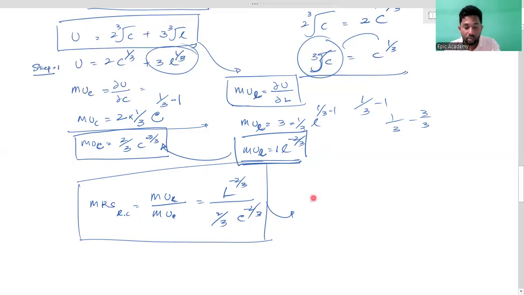So 3 divided by 2 goes up, and C also changes. Then minus becomes plus, isn't it? Yeah, 2 divided by 3. And L to the power of 2 divided by 3. I think it is clear.